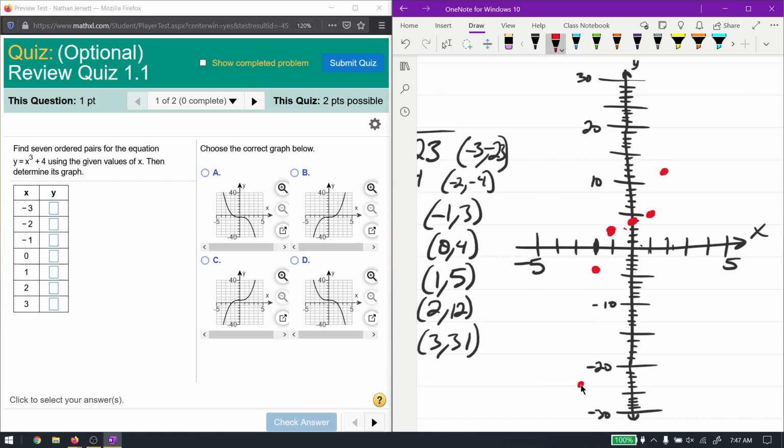And finally, we have 3, 31. So that's going to be way up here at 31. And drawing a smooth curve through them, it's going to look something like this.